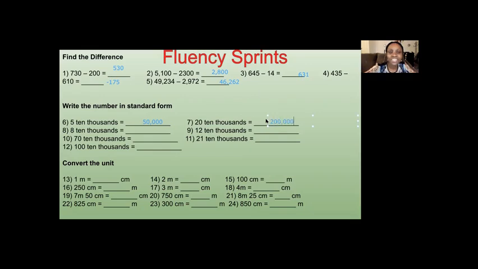200,000. Let's move this up a little. 80,000. 120,000. 70,000. Oh, wait.